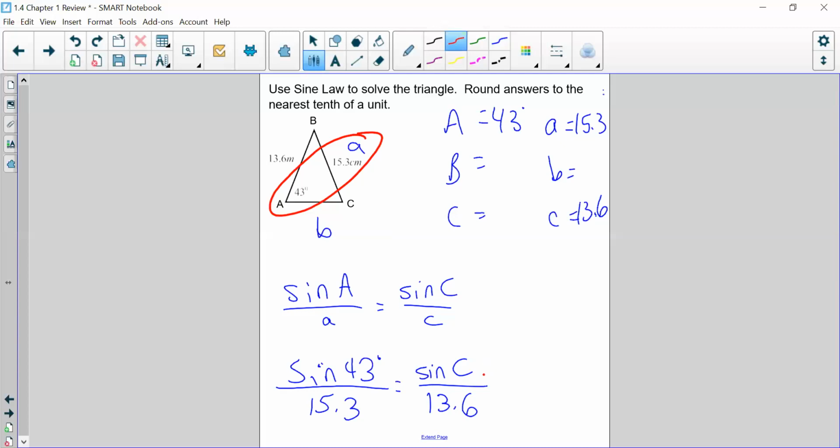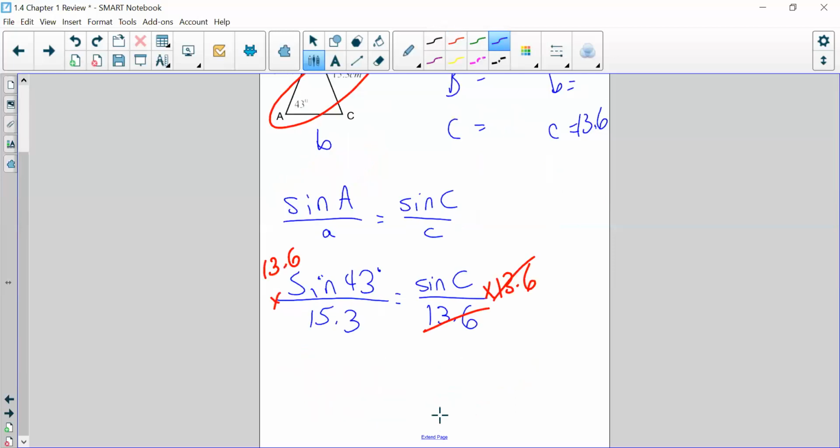C is my variable, so I'm just going to multiply both sides by 13.6. So sine 43 divided by 15.3 times 13.6. And I get 0.606 and so on.